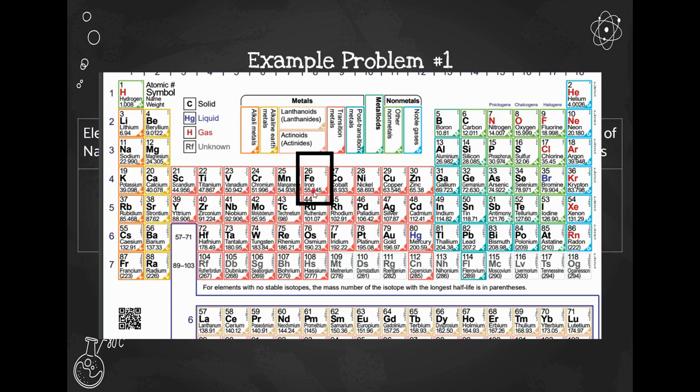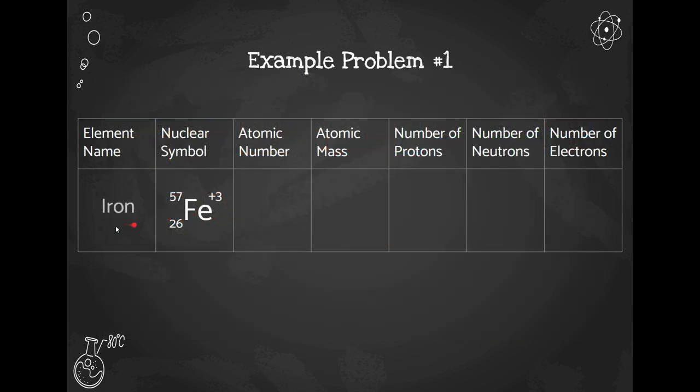But we are going to take this name iron and just pop it in as the element's full name. Next, we know this 26 represents our atomic number, and we also know that the atomic number is equal to the number of protons. So those numbers should be the same. They are basically the same thing.